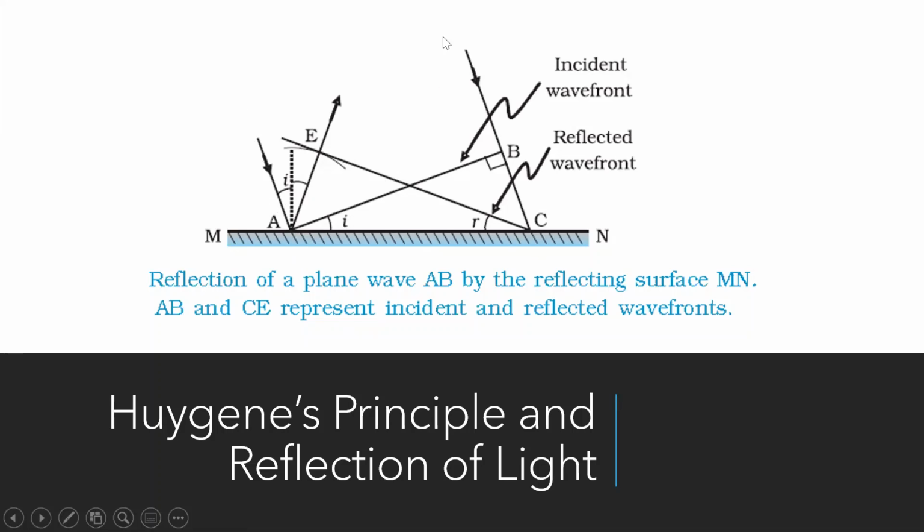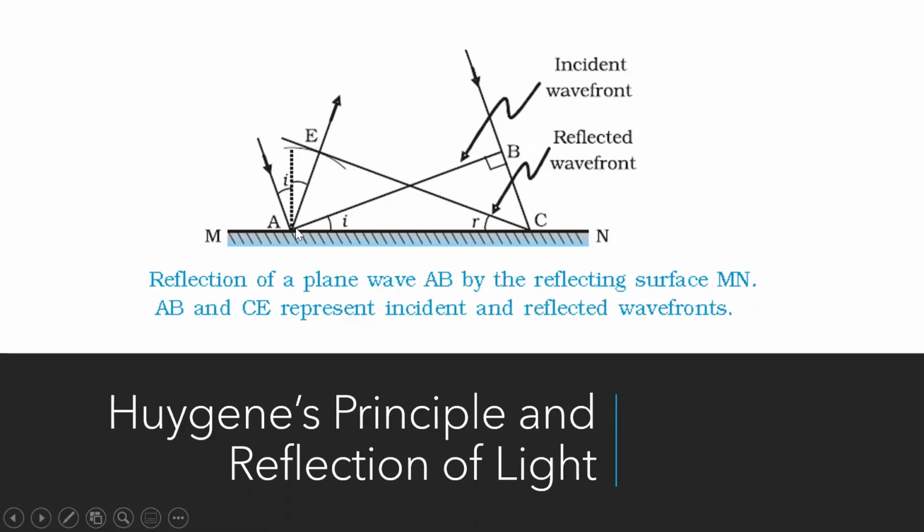So two incident rays of light are shown here. This incident ray meets the surface at point A, and this incident ray meets the surface at point C. Now these are two parallel light rays incident on this mirror, and the angle of incidence is i. This is the normal. The dotted line is the normal. Angle of incidence is i.